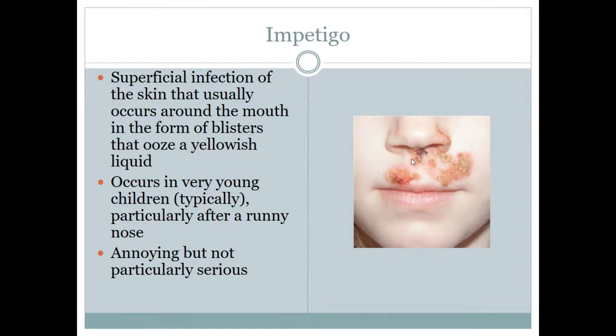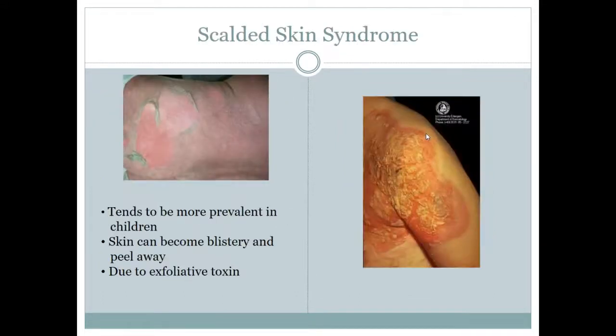Other places you might see it are around bug bites, again, particularly in young children. They scratch a bug bite, the staph gets in there and causes the impetigo. You see here, I've got a note. It's annoying, but not particularly serious because it doesn't invade those deeper tissues. Some topical antibiotic ointment, something like triple antibiotic ointment, will typically clear up impetigo with no problem.